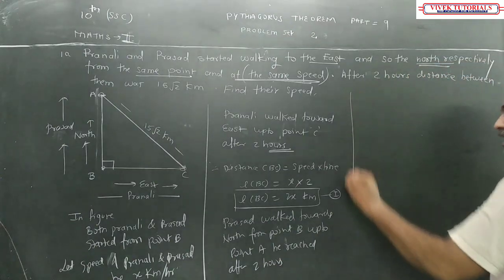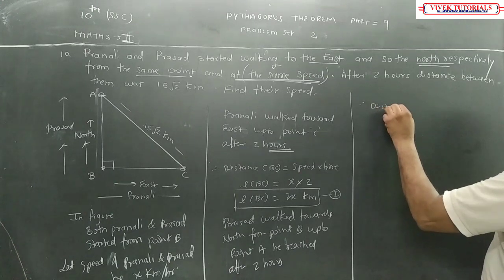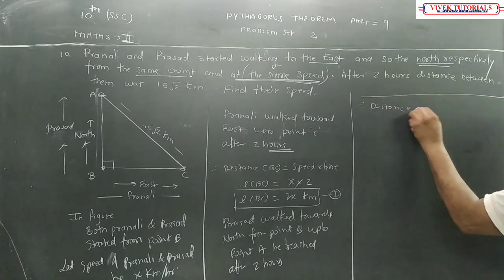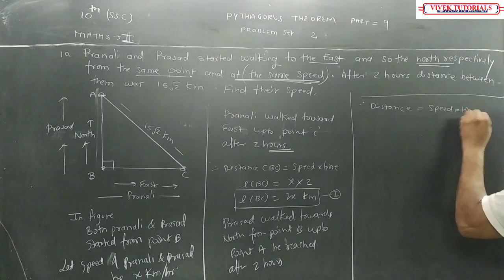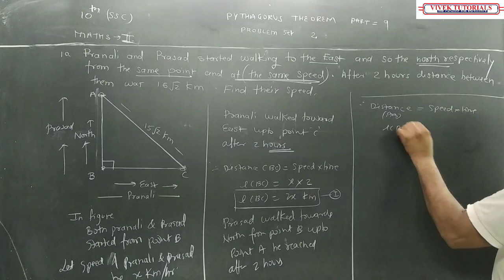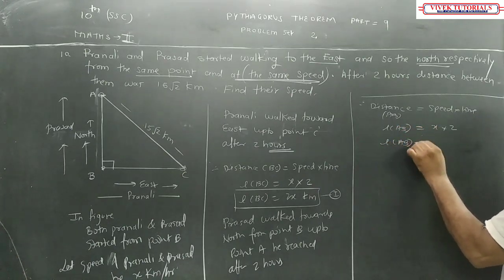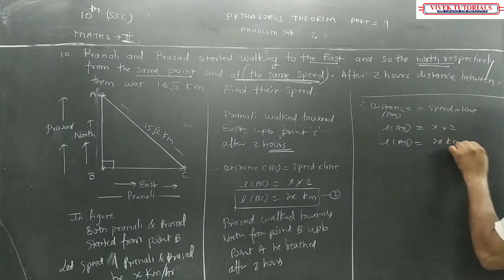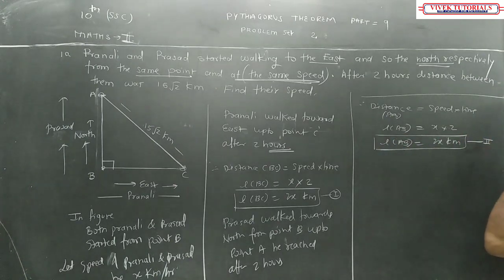Again, same thing is there. What would I write? Therefore, distance is equal to speed into time. Distance AB. So length AB is equal to x into 2. Length AB is equal to 2x kilometer. Have you understood this now?